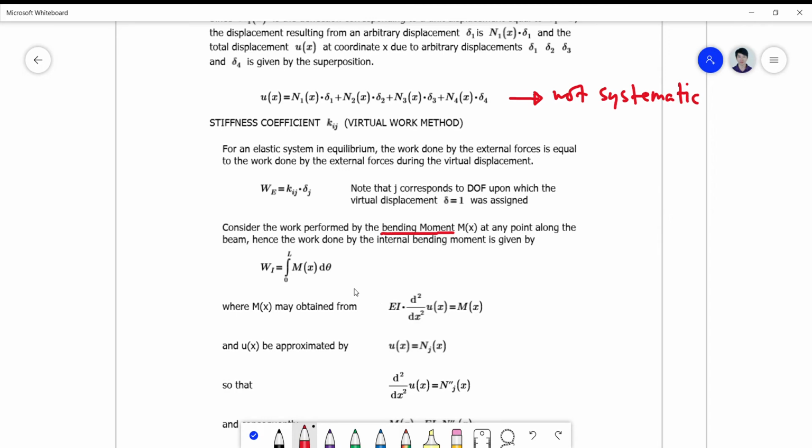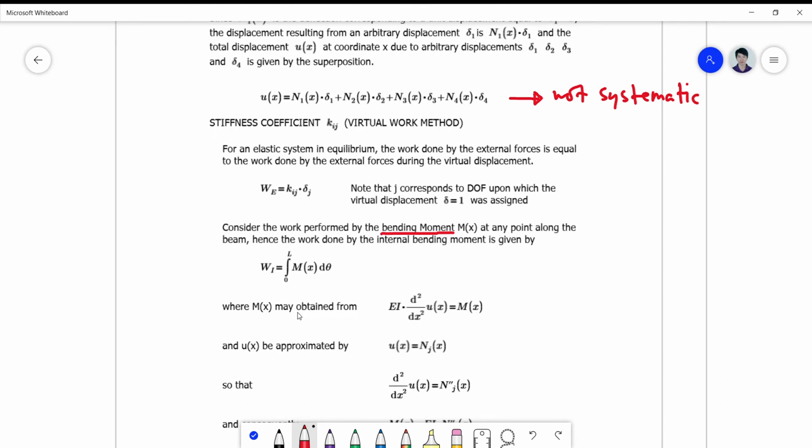The internal work is actually the summation, or simply the integral, of all the internal moments induced in the beam within the domain 0 to L. Those moments should be individually multiplied by a generalized displacement in terms of an actual rotation, which is a result of the virtual displacement assigned to it equivalent to 1.